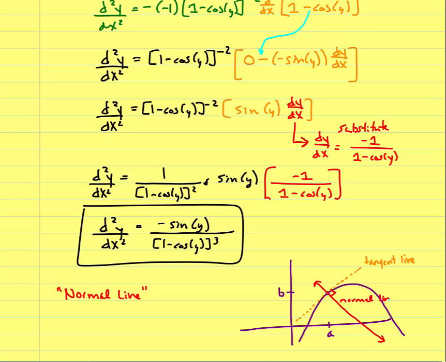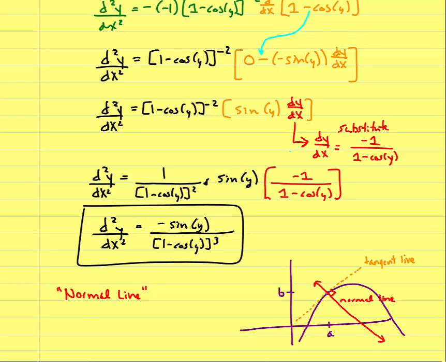So if you look at these two lines, the tangent line and the normal line are perpendicular. Okay? So again, tangent line and normal line are perpendicular through this point. So what is true about a tangent line and a normal line? They have negative reciprocal slopes. Because remember, two lines that are perpendicular have slopes that are negative reciprocals of each other.